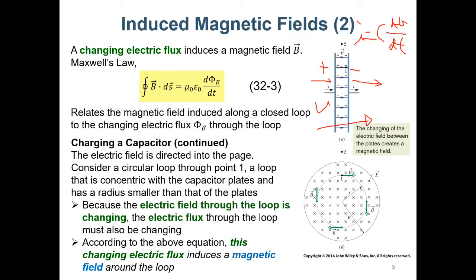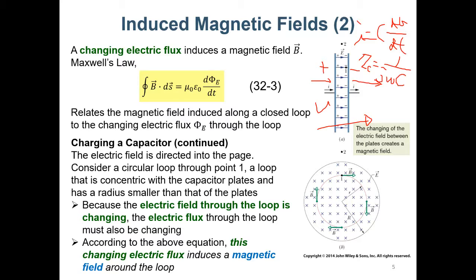And as I mentioned in the last lecture, the impedance for a capacitor is 1 over j omega C. So if omega is 0, which means this is DC, then the impedance is infinite, so a DC signal cannot go through a capacitor.